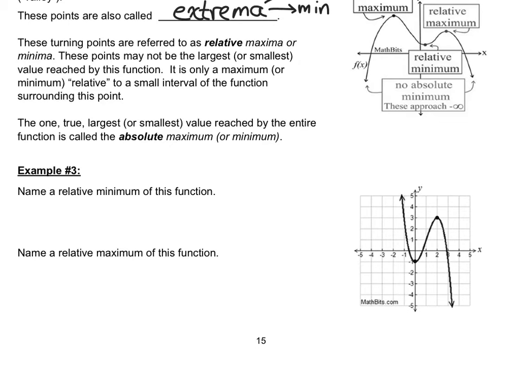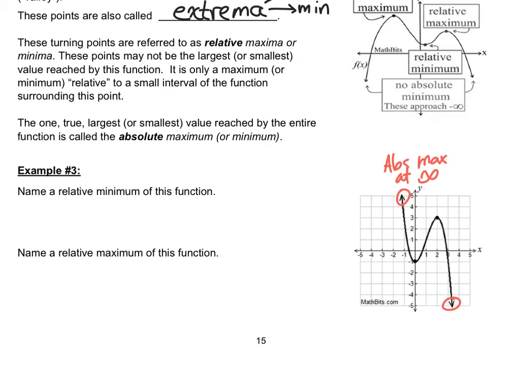So in this case here, just looking at this picture, I'd have an absolute max. They're not asking for this, but I'd say an absolute max at infinity, because this graph is going up to infinity.